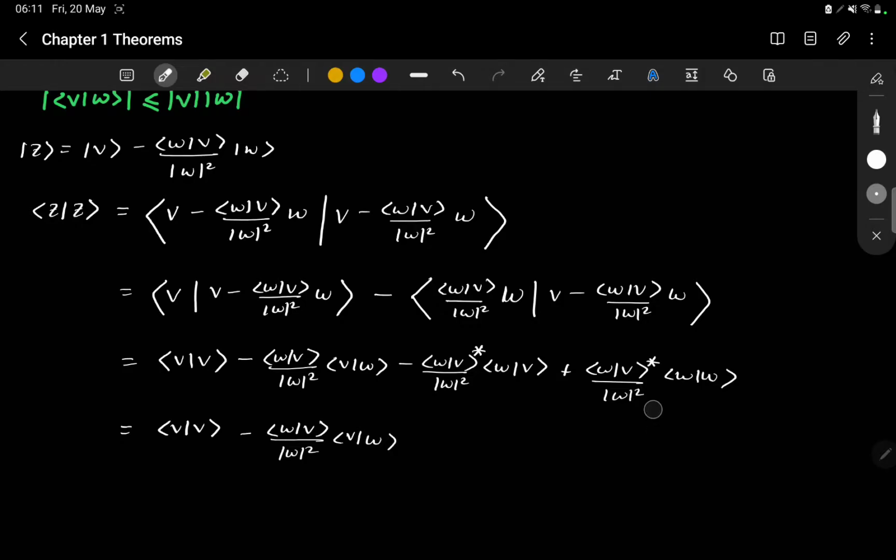Sorry, I've made a mistake over here. This is power 4, not just squared, because we had mod w squared here and mod w squared here. So that would give us mod w to the power 4. And also, I've written down this term a little bit incorrectly.